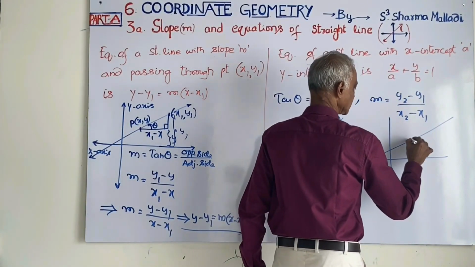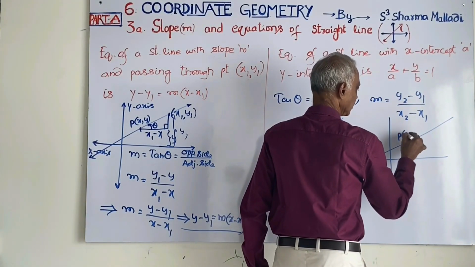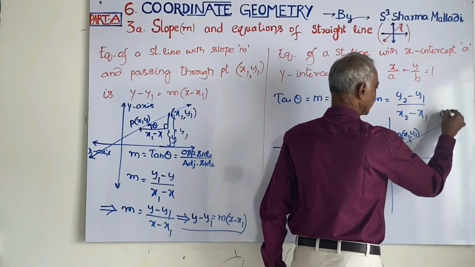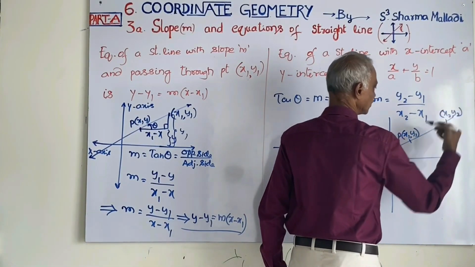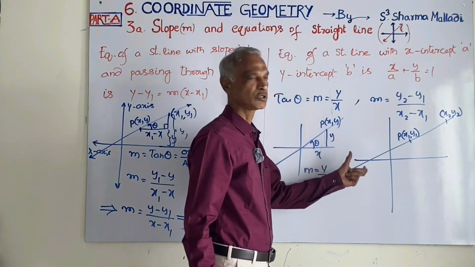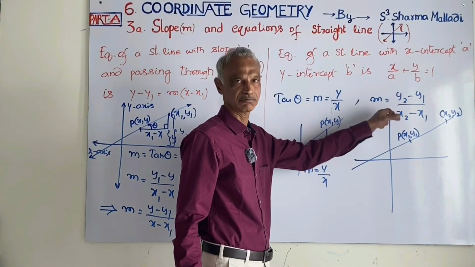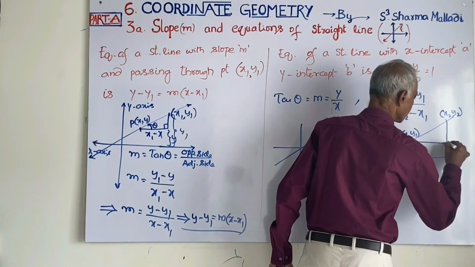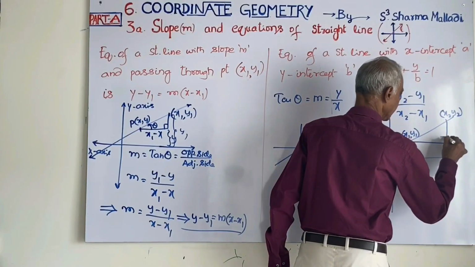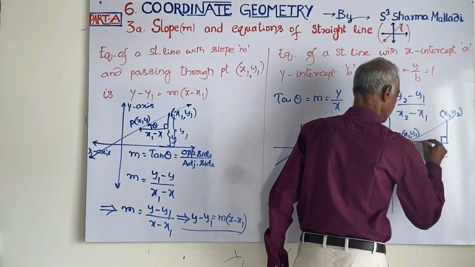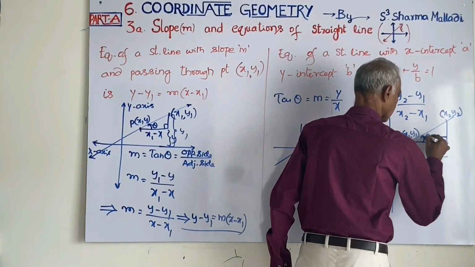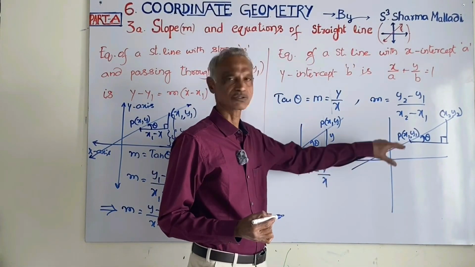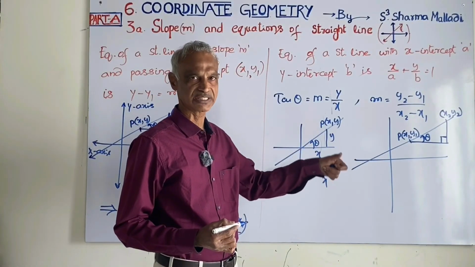Slope of this line, which is passing through points x1 y1 and x2 y2. The slope of this line will be y2 minus y1 by x2 minus x1. You form a right angle triangle, and theta is the angle made by this line with positive direction of x-axis in anti-clockwise direction.